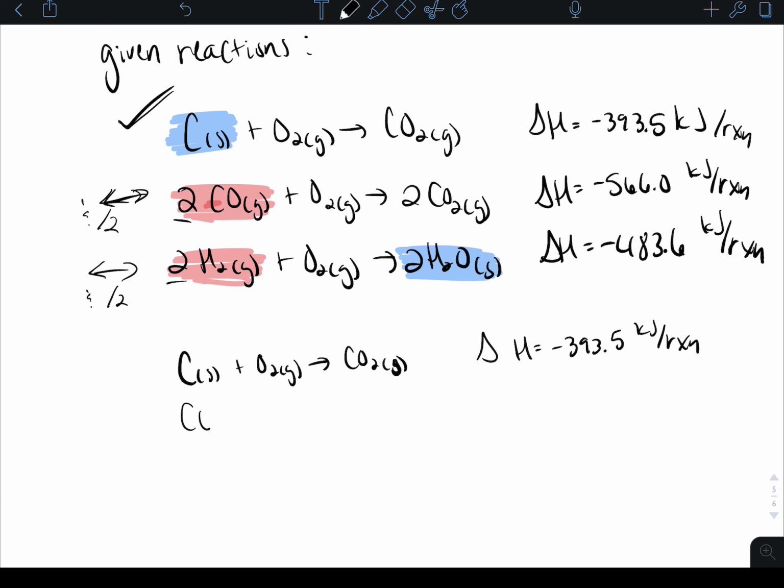So this gives me CO2 gas goes to CO gas plus 1/2 O2 gas. And whatever I did to my reaction, I do the same thing to my enthalpy. So I flipped it, so I give it the positive sign and divide by 2.